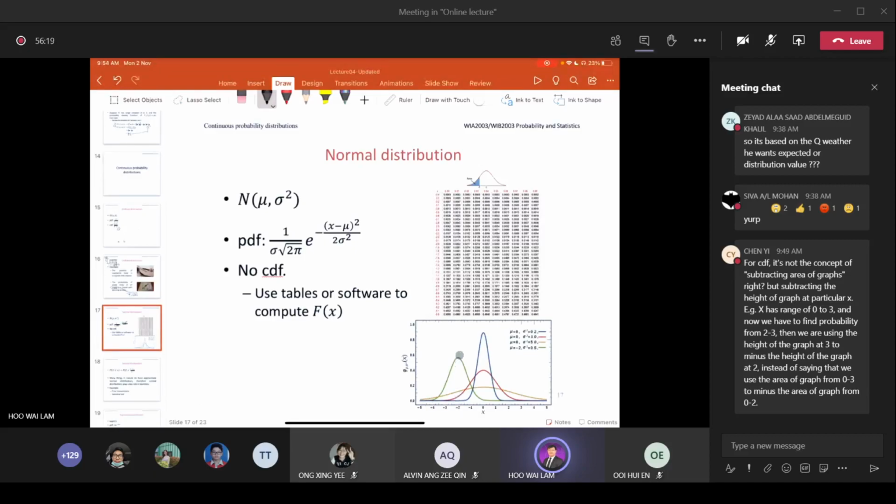Like this one, the mean point, the green line, is -2, and your variance is 0.5, so it looks like this. But if your variance increases, it looks like this color, which has a variance of 5.0. You won't have a very high peak because your data is scattered over a very big range.